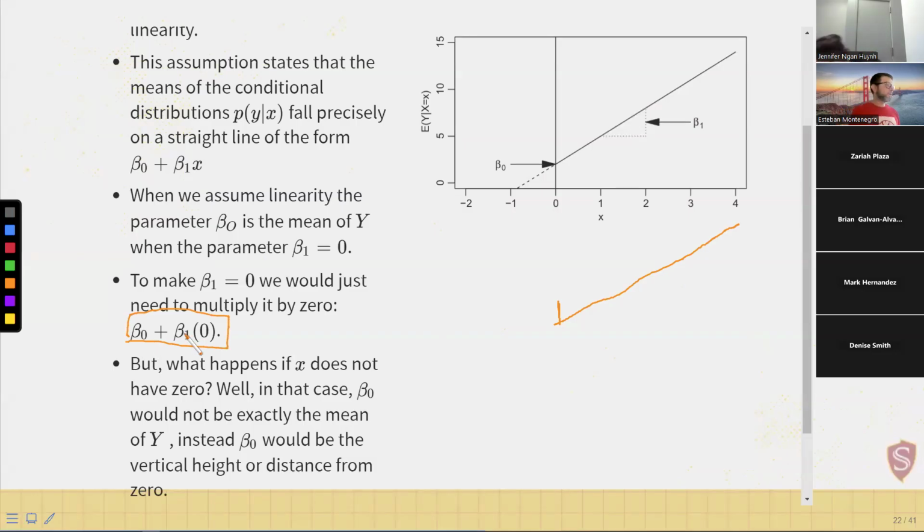So I explained that when there is no predictor and we fit an intercept-only model, the value of the intercept is going to be just the average of your outcome.